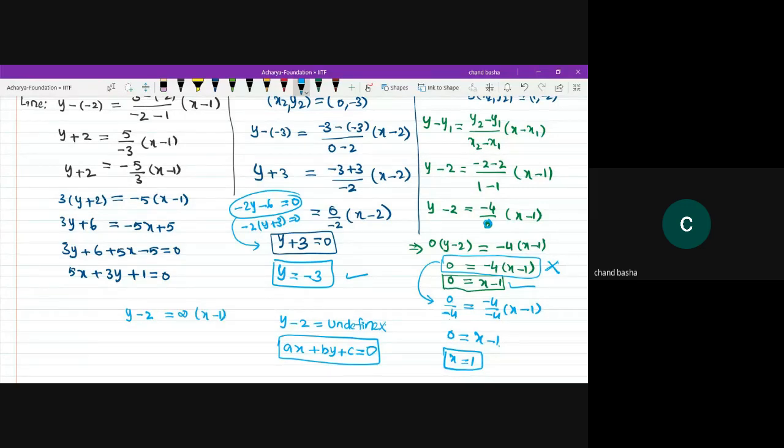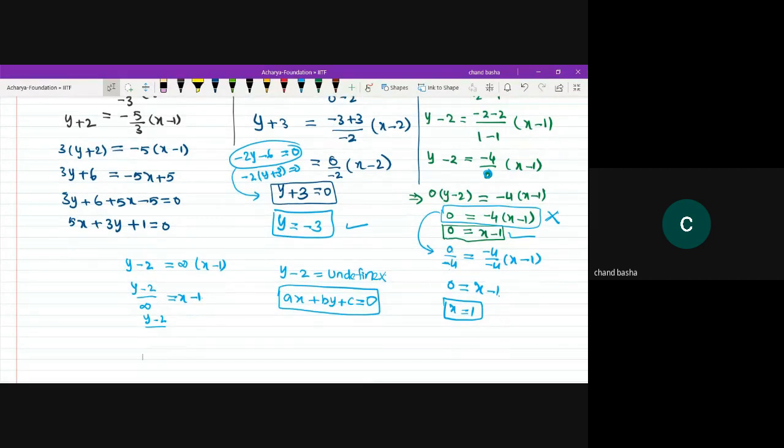Sir, undefined, you can take it on the left hand side: y minus 2 divided by undefined is equal to x minus 1. Sir, you said that 1 by infinity, undefined, means y minus 2 divided by anything by 0. That means 1 divided by 0, I can write x minus 1, and 0 will come in the numerator. So you have to go all the way around and then move forward again.